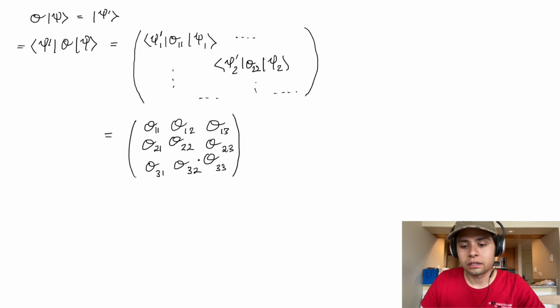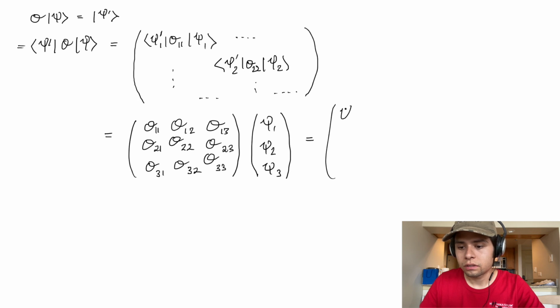This is just an example here of a 3-dimensional object that would transform a 3-dimensional vector. Okay, and so if this thing can be operated on by psi 1, psi 2, and psi 3, and what we have here is basically this side of the equation, what we would get is psi 1, psi 2, and psi 3.